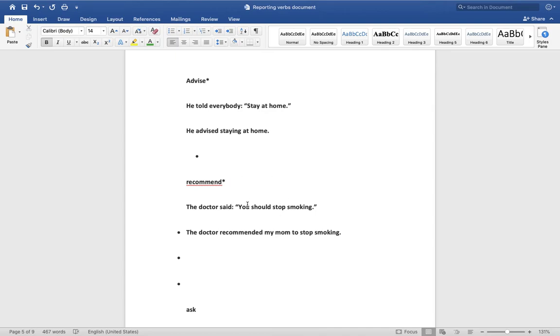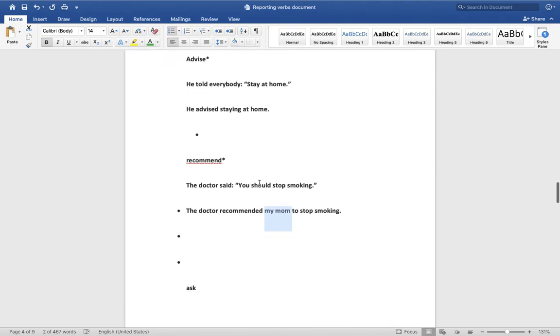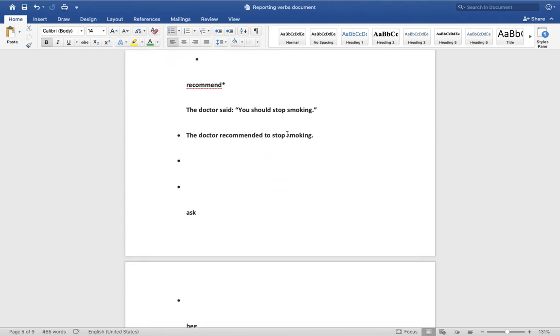O incluso, everybody should stop smoking. Y es una recomendación general. Aquí yo quitaría la persona, es decir, el complemento directo específico. Y simplemente, aunque sé que os va a sonar raro, sería the doctor recommended stopping smoking, ¿vale?